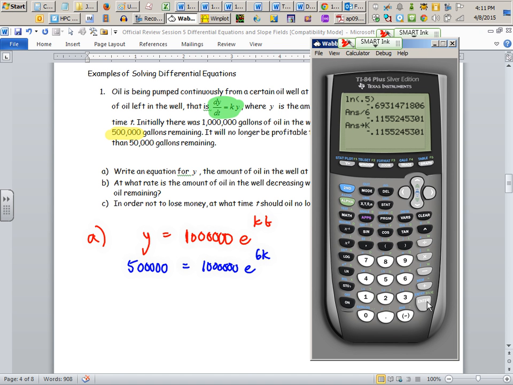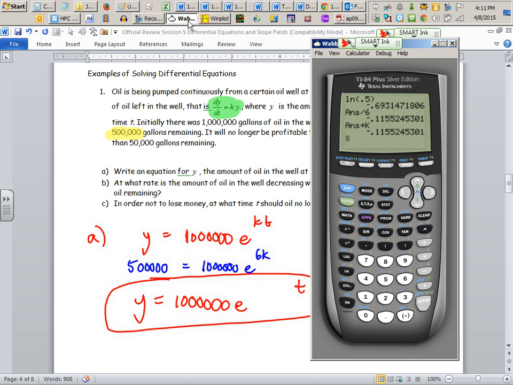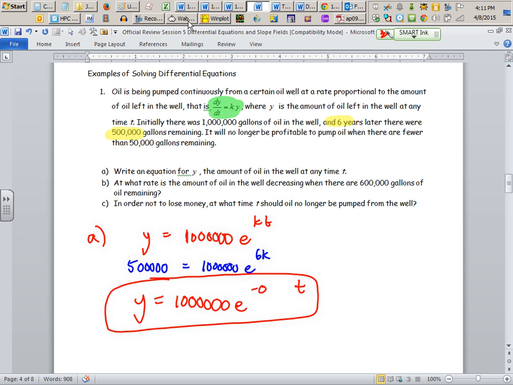Okay, so I think we should update our answer. How about y equals a million e to the, and then kt, let's write negative 0.116. That's a better answer for part A anyway. More specific.